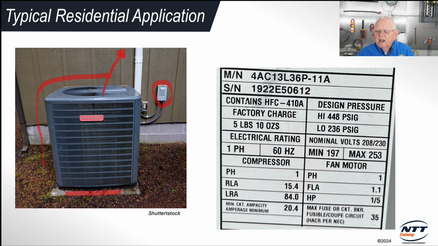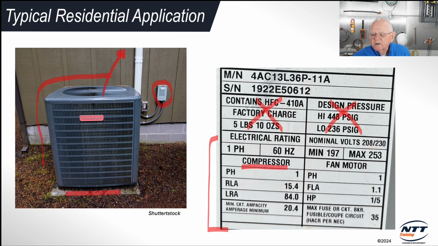Over on the right-hand side, we see the nameplate. There's a bunch of information up here that we don't really need to pay attention to. It's all on the refrigerant. Well, if we were an HVAC technician, that would all be really important to us. But we're going to look at just the electrical information from down here on below. And some pretty important info. The electrical rating for the compressor.